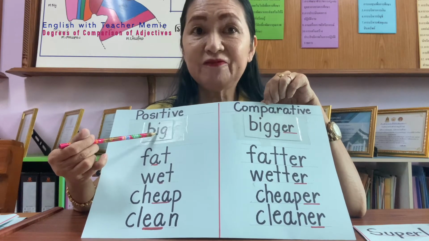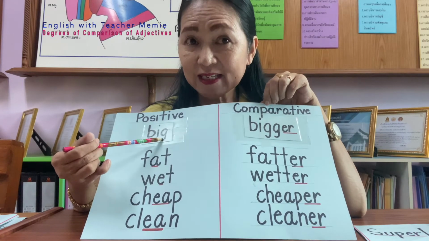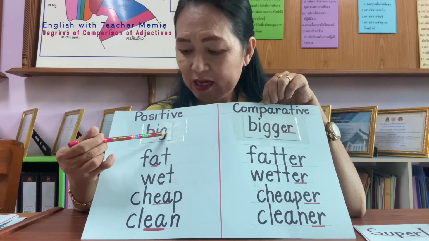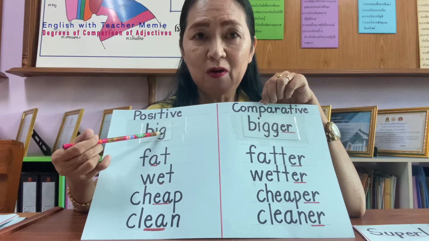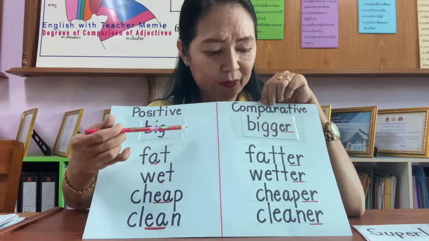If this is a vowel letter followed by a consonant, which is the last letter of the word, you just double or repeat the last letter of the word.